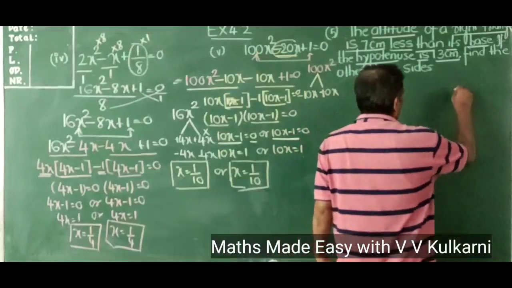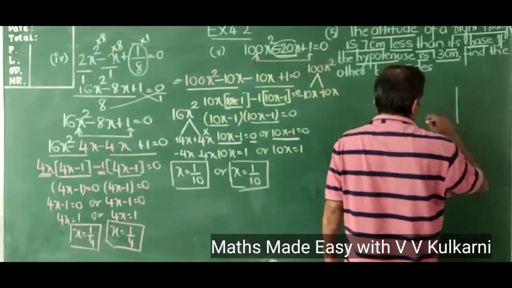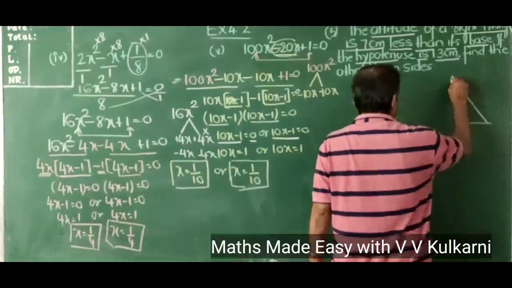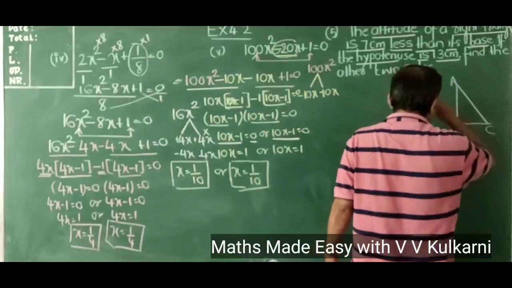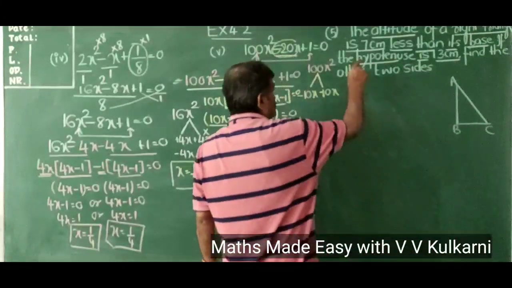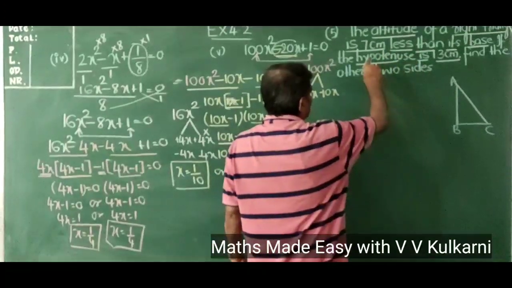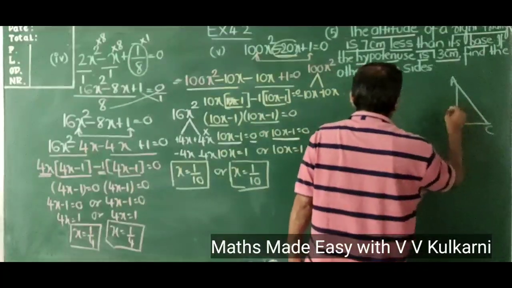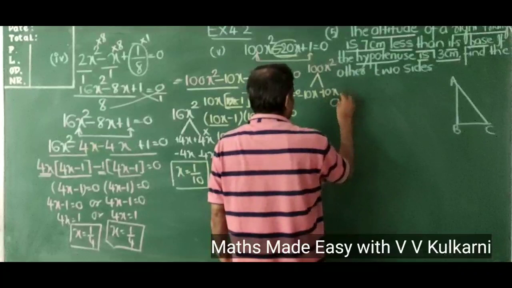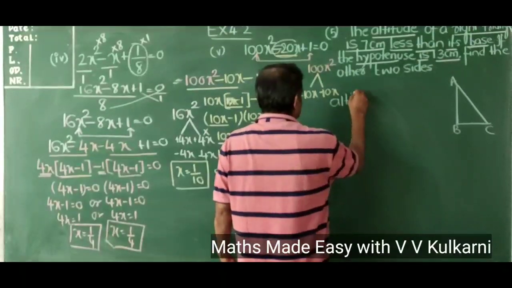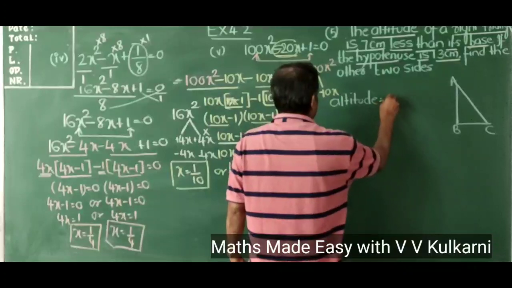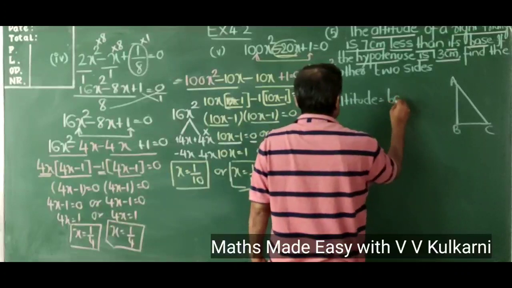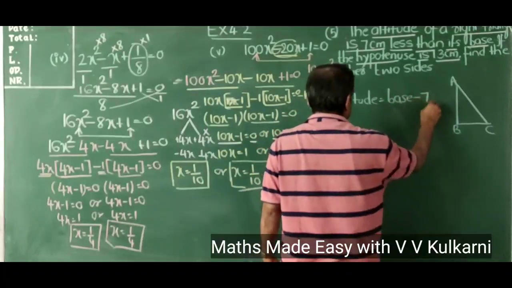Now, you all know how to draw a right angle triangle. Let us draw one. Say this is A, this is B and this is C. The altitude is 7 centimeter less than the base, that means base minus 7.